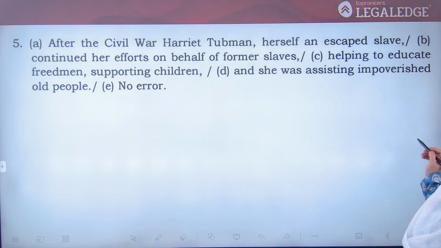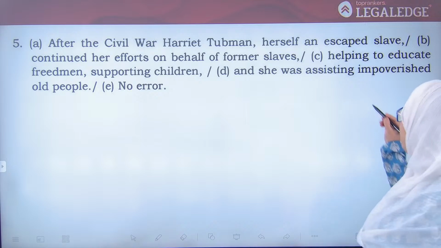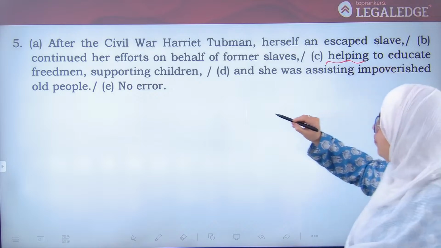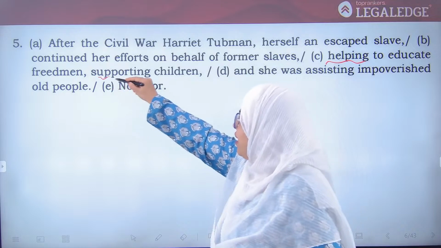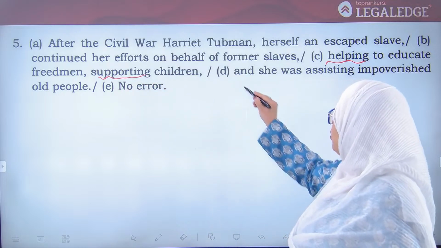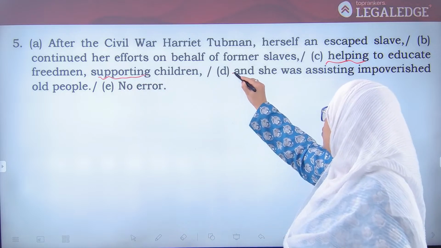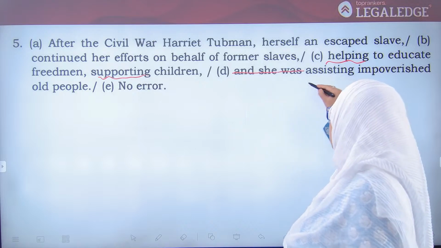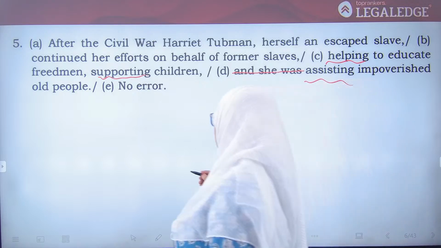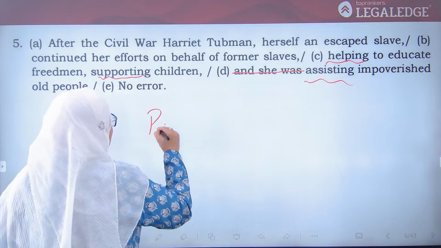All right. After the Civil War, Harriet Tubman herself, an escaped slave, continued her efforts on behalf of the former slaves, helping to educate freedmen, supporting children, and she was assisting impoverished. Now see, here there is a gerund, and after the comma again a gerund. So after a comma, it has to be again a gerund. So the error is around parallelism.